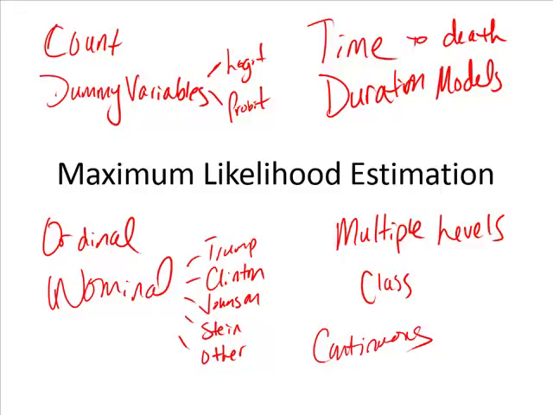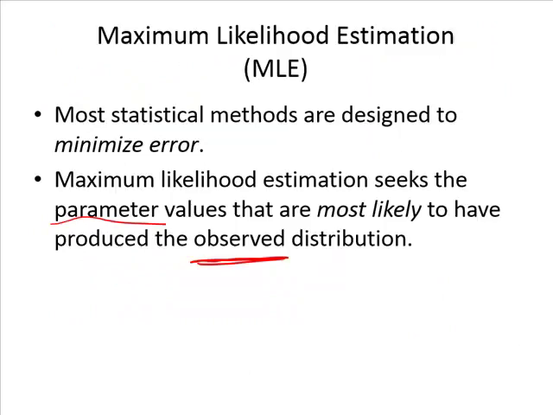But no matter which model I run, a count model, a time series model, an ordinal model, a multi-level model, I'm going to have the exact same thing. I'm going to have some version of a parameter that tells me the effect of the independent variable. It just so happens that in ordinary least squares, that's a slope.